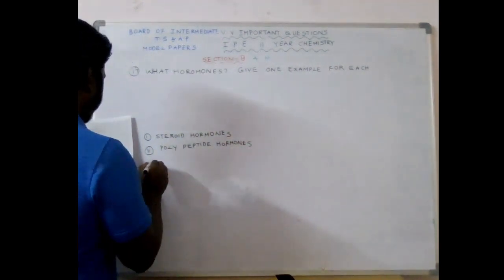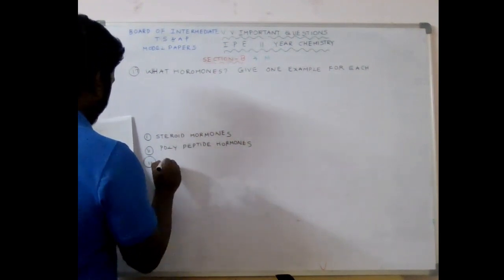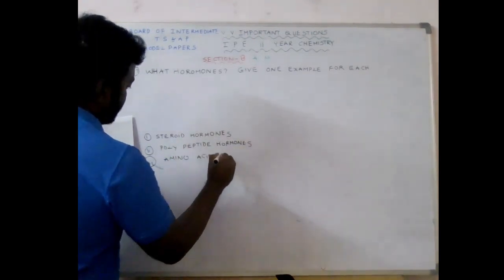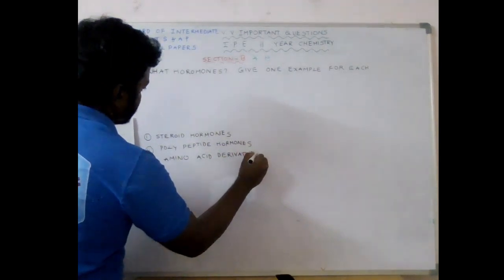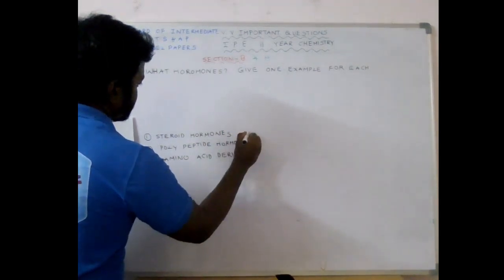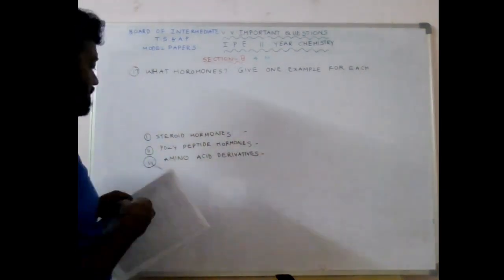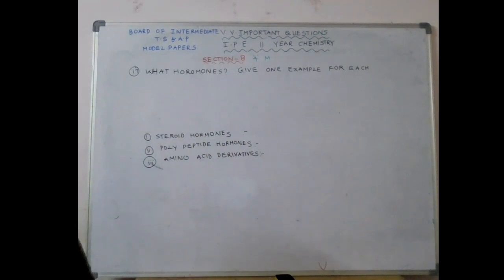For each example you will get 1 mark, and for the definition of hormones also 1 mark, total 4 marks. So examples we have to write for each: steroid hormones, polypeptide hormones, and amino acid derivatives.